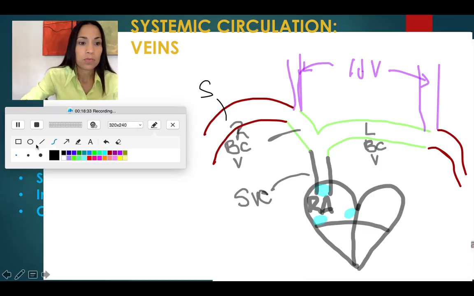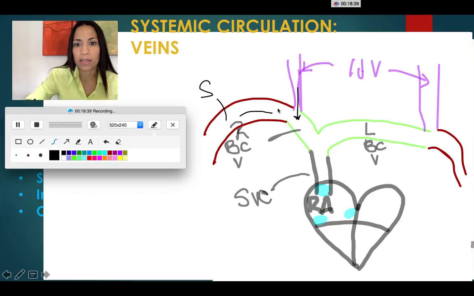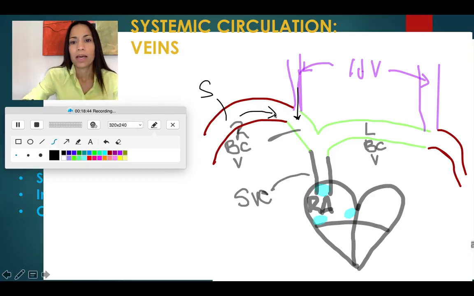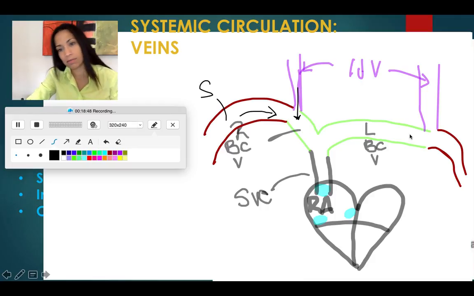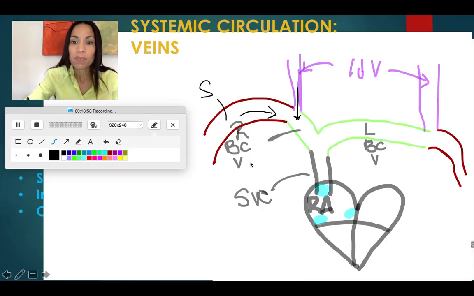Now, both the subclavian vein and the jugular vein carrying blood in this direction merge together to form the right side and the left side brachiocephalic veins. And both brachiocephalic veins merge together to form the superior vena cava, which opens in the right atrium of the heart.